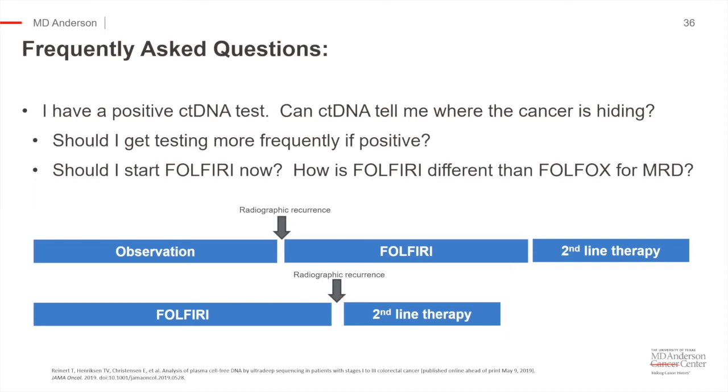What one is doing is starting FOLFIRI early, and recognizing that when the tumor recurs radiographically, it's obviously refractory to FOLFIRI. It's growing through FOLFIRI. So then you're on to second line therapy or other treatments beyond that, assuming all these patients got FOLFOX before. So we don't know, and there are a lot of reasons to say maybe not, that starting FOLFIRI early is really going to be beneficial in extending life in this setting.